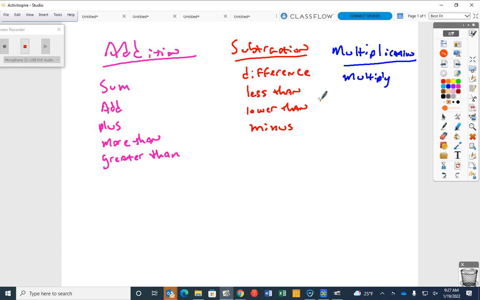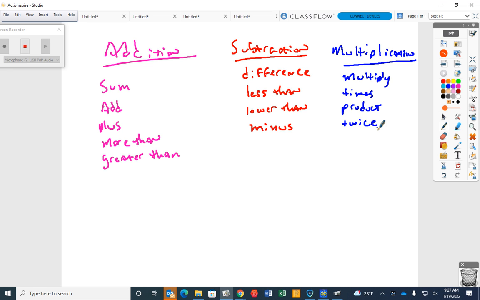The multiplication sign, so we'll just say times. What's an answer to a multiplication problem? Product, good. Sometimes you see the word twice. That means like twice a number, you multiply times 2.